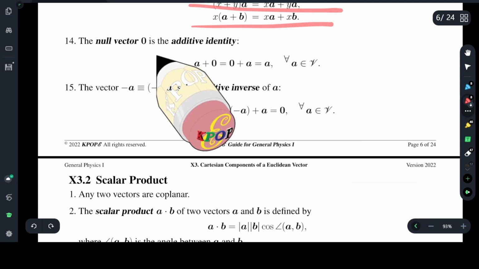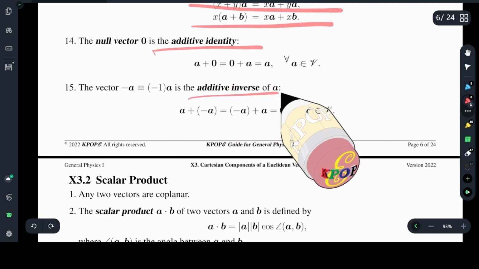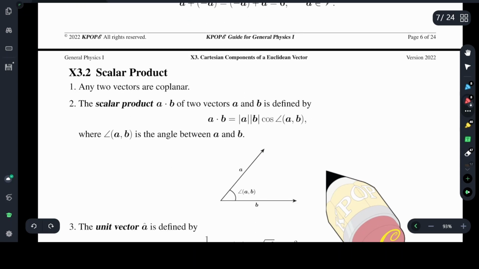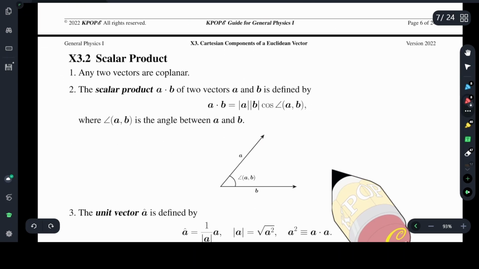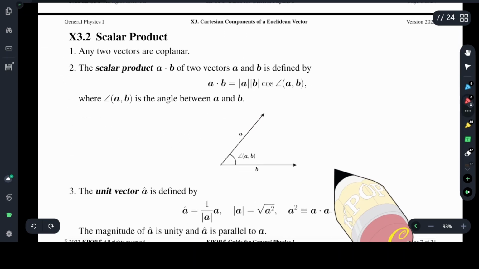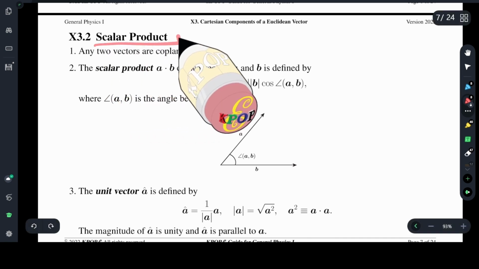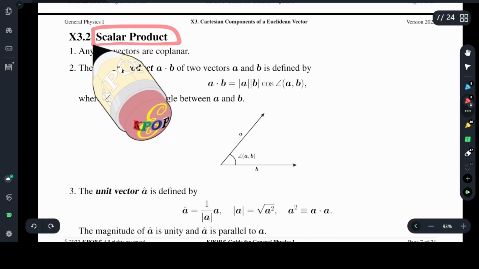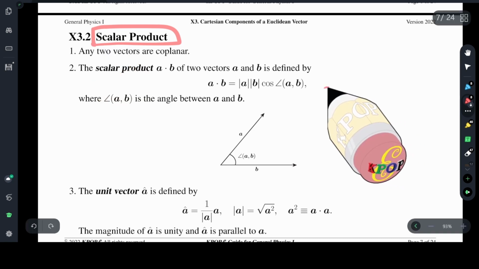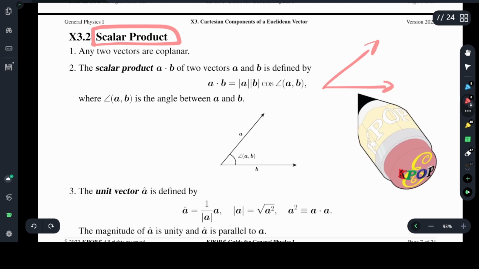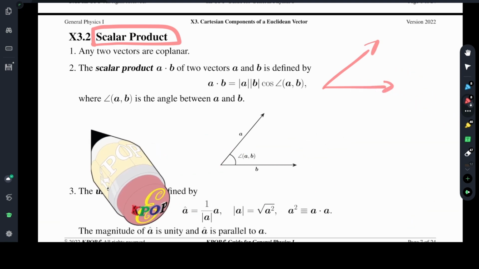We have just studied the additive identity and the additive inverse of vector summation. The next step is to study the scalar product. The scalar product is a very important operation of two vectors. I have two vectors.